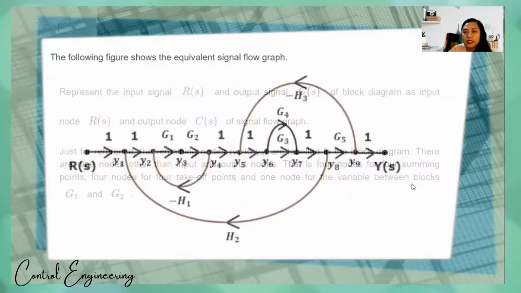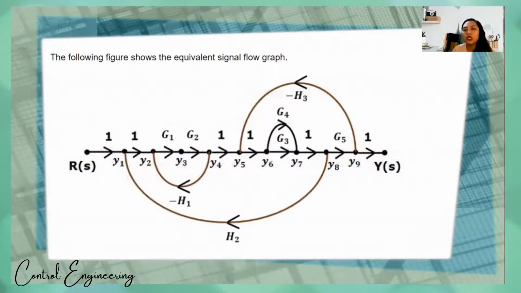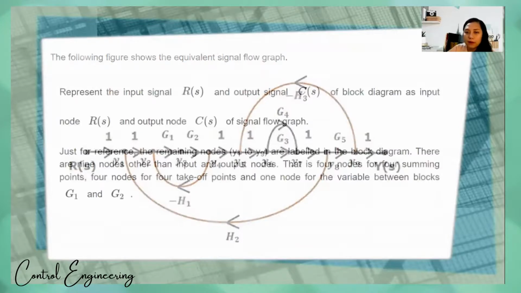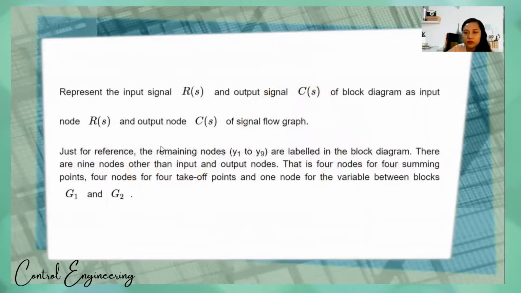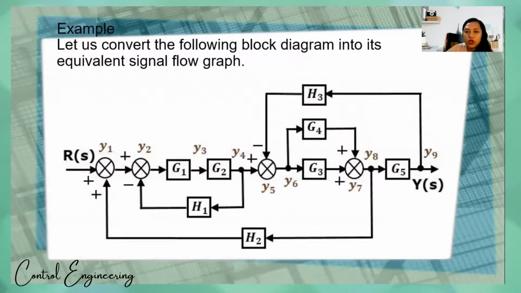So let's put it in the signal flow graph. Our input is nasa R sub S, and output natin ay sa Y sub S. So pagmasdan natin ng maigi. Balikan natin to. Punta tayo sa Y1. 1, 1. Okay? So, let's take this na ito to.